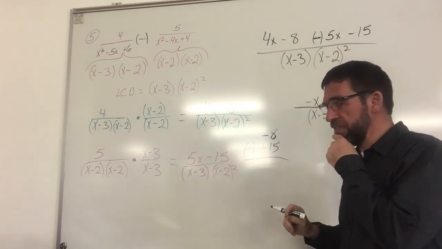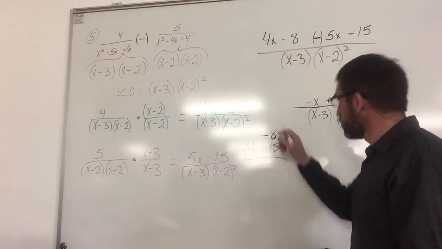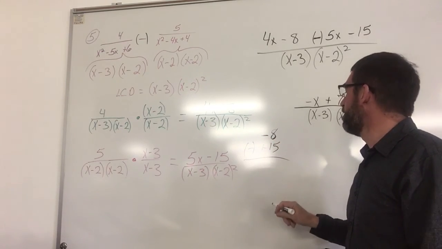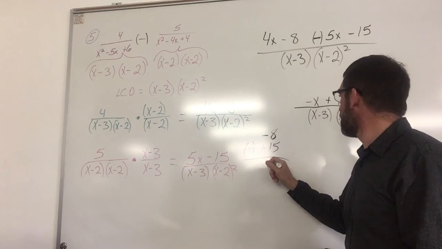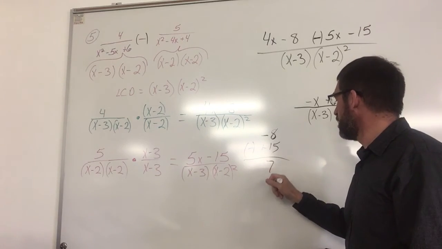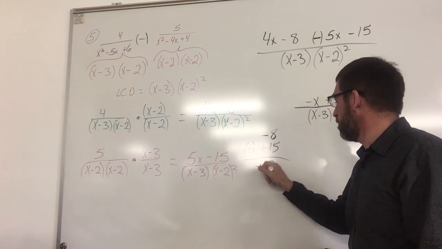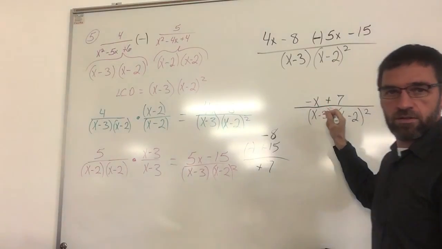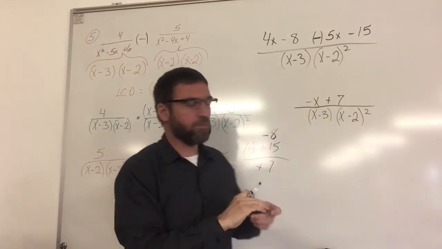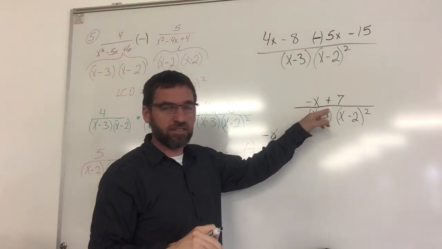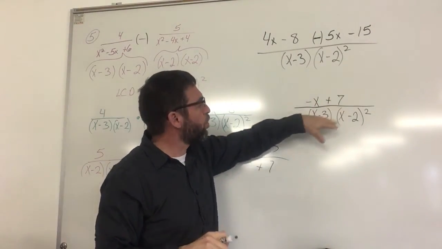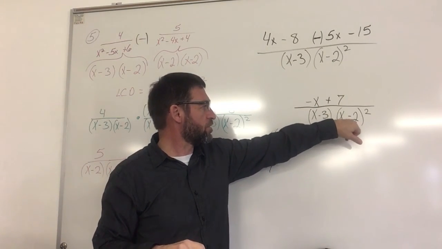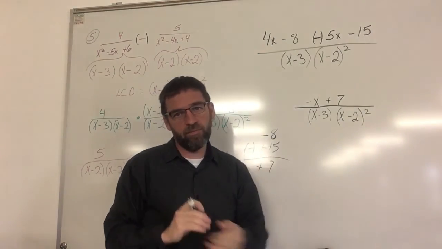The addition rule is opposite signs, subtract. So that means I will subtract 8 from 15, which makes me 7. And I use the greatest sign, positive. So my answer is positive 7. Oh, I'm standing in the way here. My answer is negative x, positive 7 over x-3, x-2 squared.